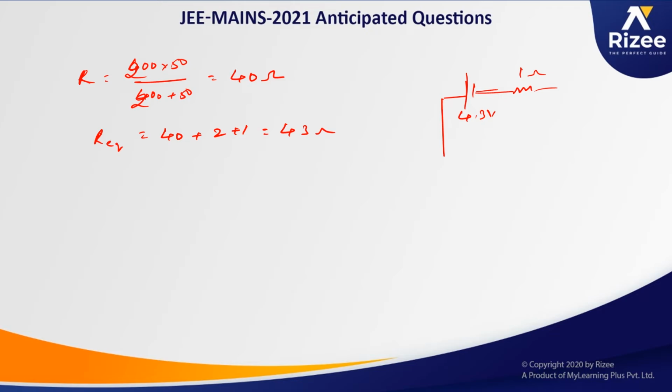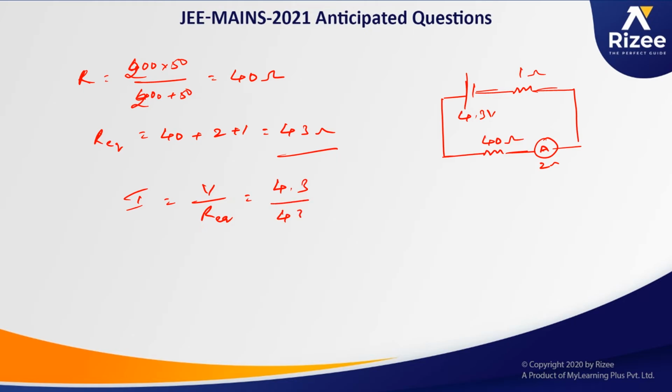So that's what I am representing here. This is your 40 ohms for the voltmeter and the resistance 50 ohms. Here is an ammeter of 2 ohms, and all of them are in series, so that is the net resistance. The current passing through can be written as V by R equivalent. V is 4.3 and R equivalent is 43.